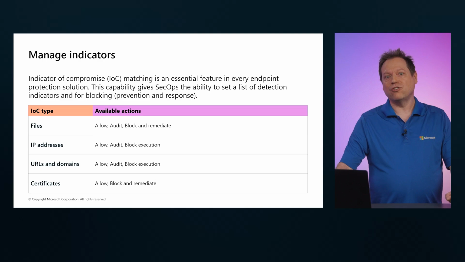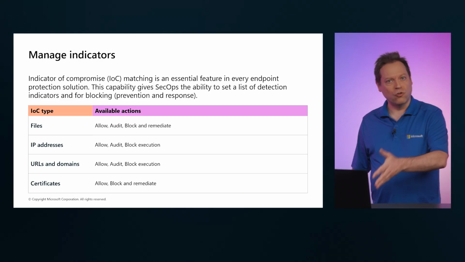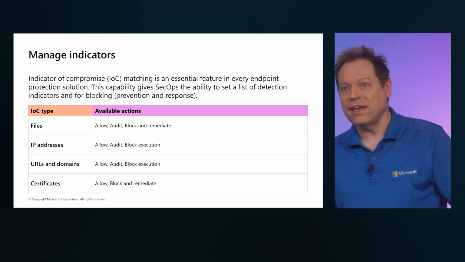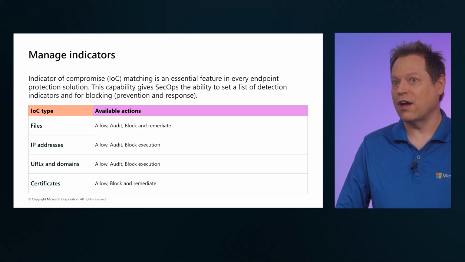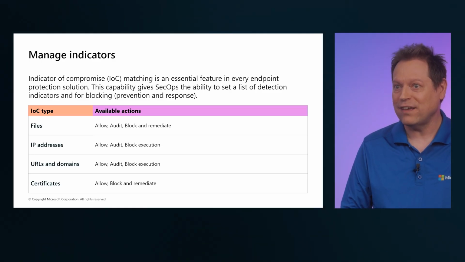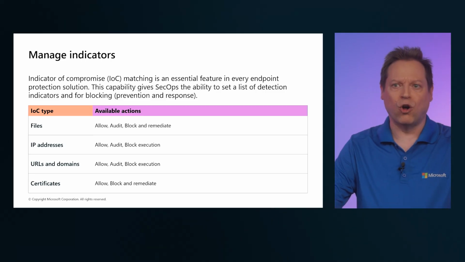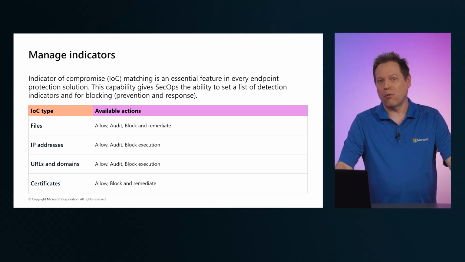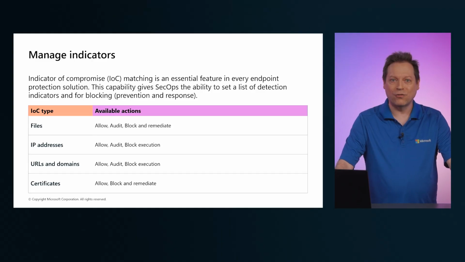You can manage IOCs for files, IP addresses, URLs, domains, and certificates. This enables proactive blocking of known threats, consistent enforcement across devices, and tighter control during incident response. There's also a supporting video on unified IOCs that demonstrates how those indicators work together across the platform.